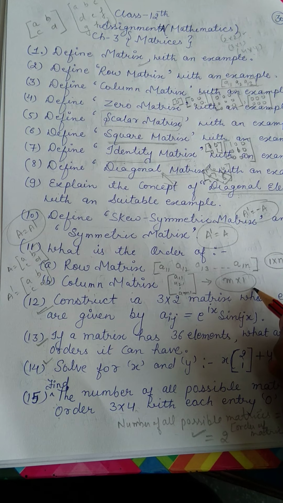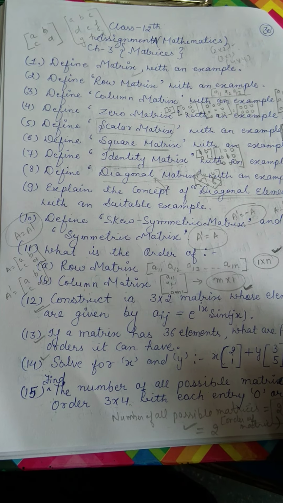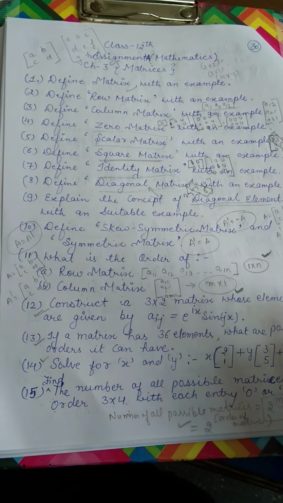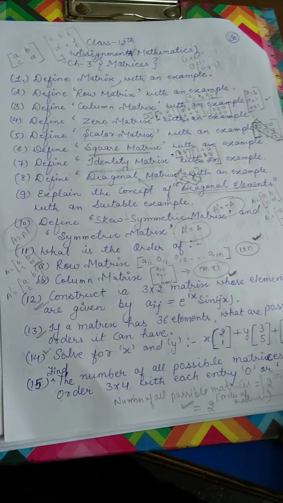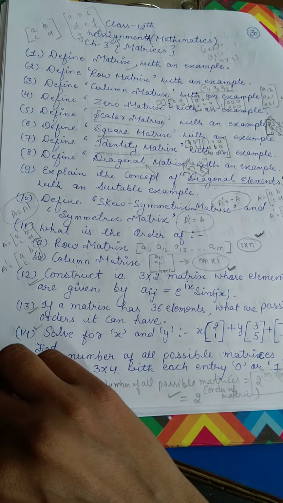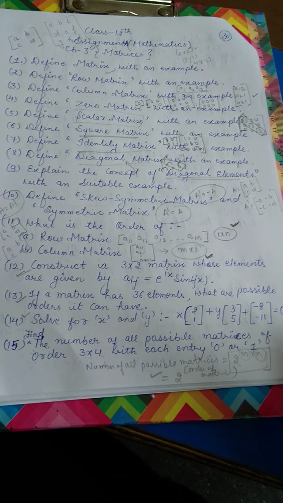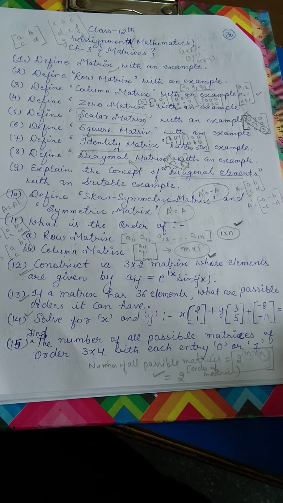So it will be of the form m into 1. And बच्चे, question number 12, 13 and 14 you can do yourself. They are just for your practice and I hope you will be able to do them very nicely.